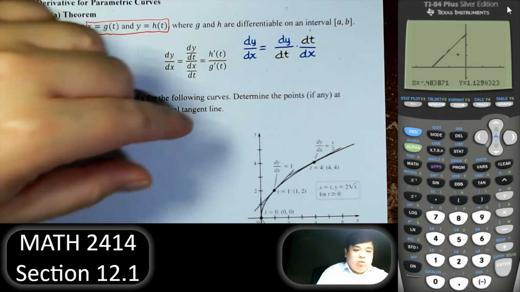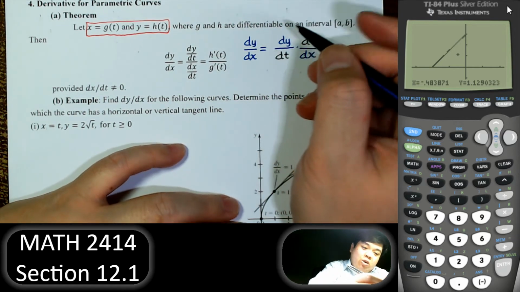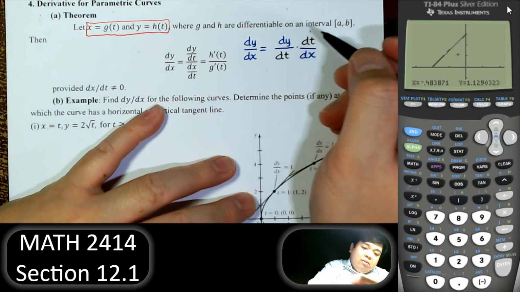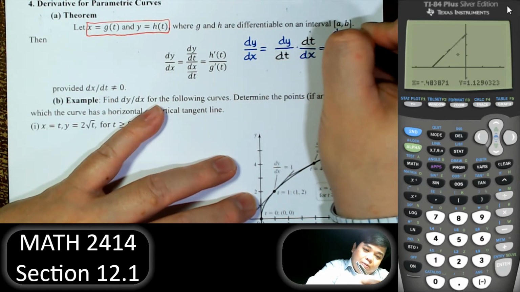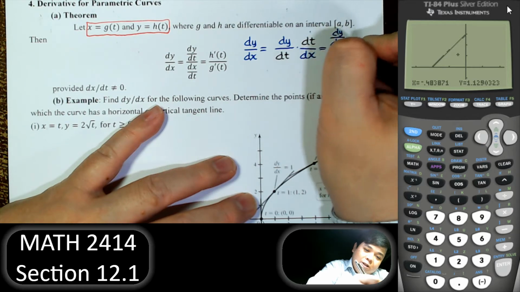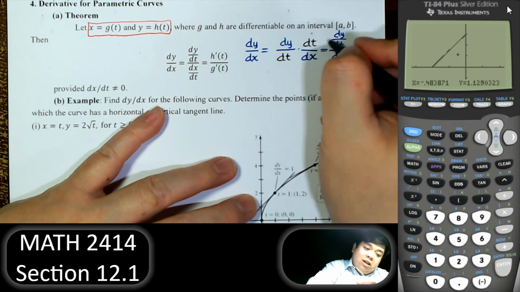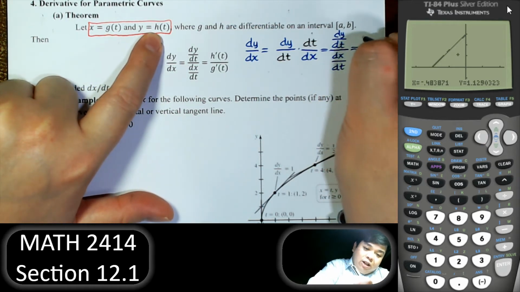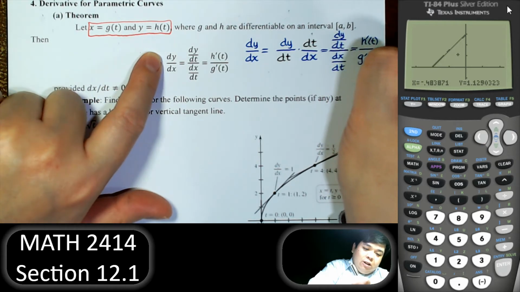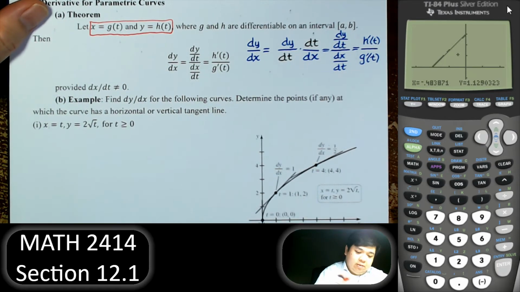Although we technically will not cancel out the dt, in terms of notation it works just like that. And then, of course, multiply is divide by the reciprocal. And of course y is a function of t, so this is the derivative with respect to t. So that's why we have that. Simple enough.